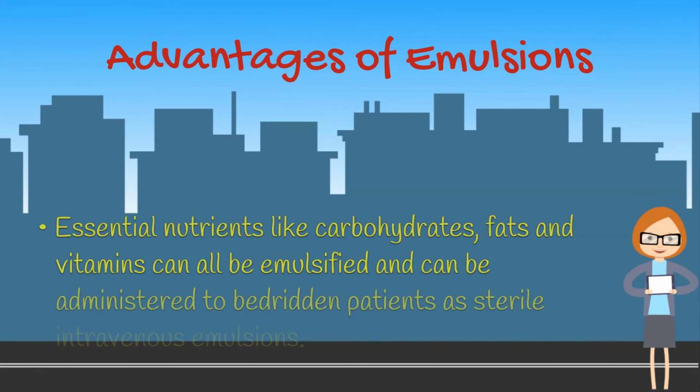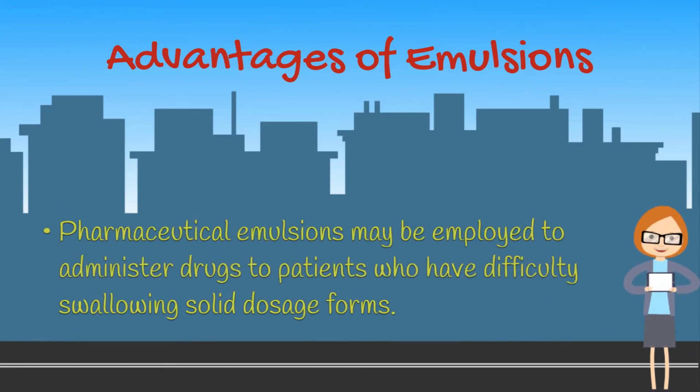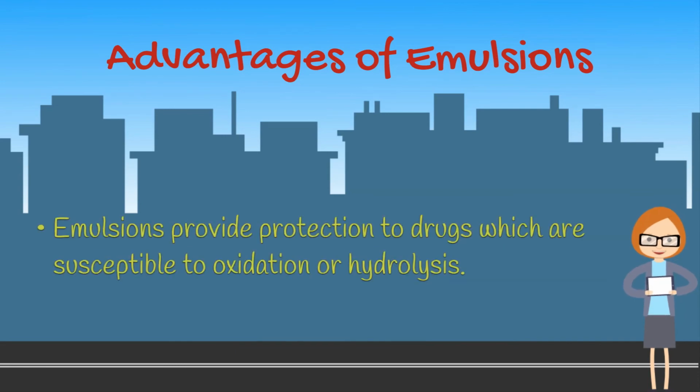Essential nutrients like carbohydrates, fats, and vitamins can all be emulsified and can be administered to bedridden patients as sterile intravenous emulsions. Pharmaceutical emulsions may be employed to administer drugs to patients who have difficulty swallowing solid dosage forms. Emulsions provide protection to drugs which are susceptible to oxidation or hydrolysis.